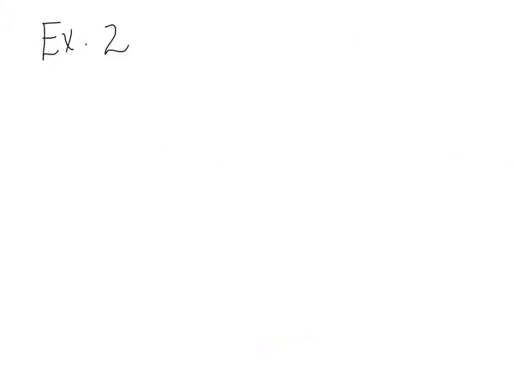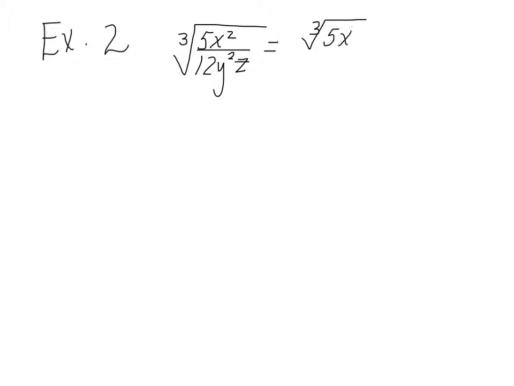Now let's say they don't divide evenly. Then we have to do what is called rationalizing the denominator. Okay, so what I'm going to do is split them up, like this.